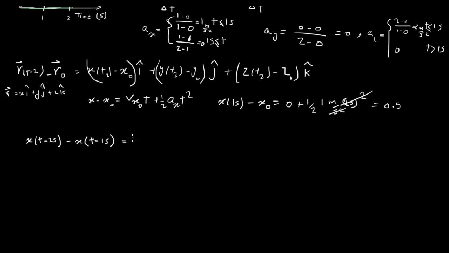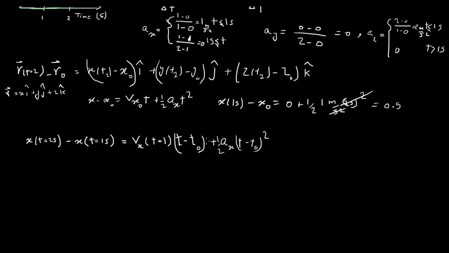So it equals vx naught, now means vx at time t equals 1 seconds, times t minus t naught, plus ax half t minus t naught square.